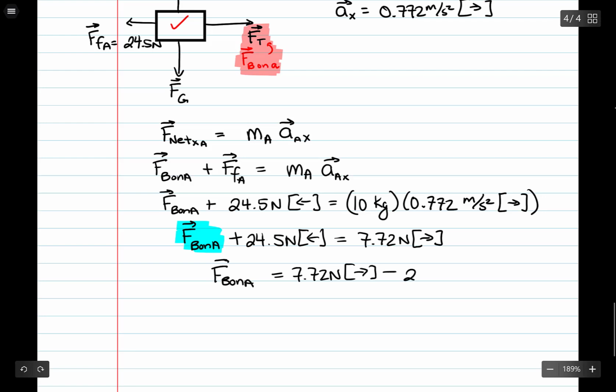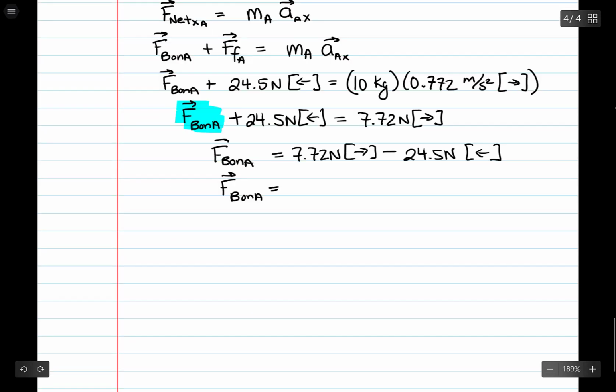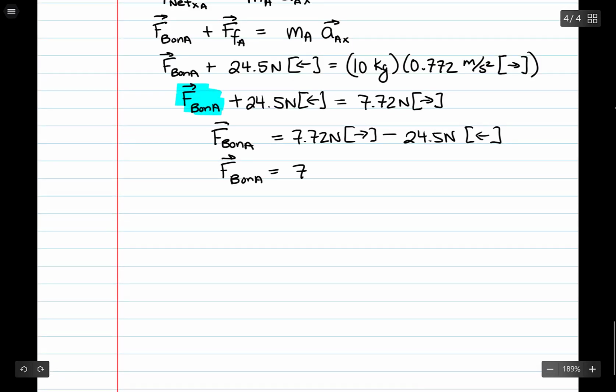Subtract this 24.5 newtons to the left, and we don't like vectors in opposite directions, so if we change the direction of our second force here, we get 7.72 newtons to the right added with 24.5 newtons to the right. So the force of B on A, based on our analysis here, has a grand total of 32.2 newtons towards the right.